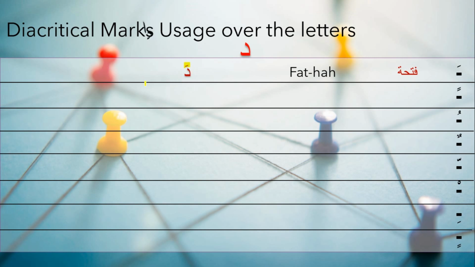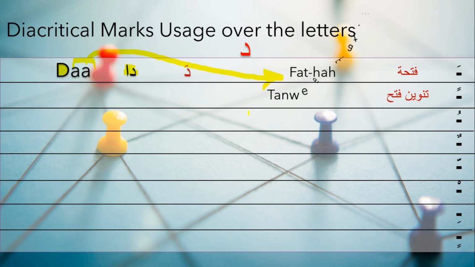So fatha, when it comes to the letter dal, it will be da. Here I write it in English as well, just to explain it more and make it easy for you to understand. So D expresses the letter dal, as we learned in the previous lecture. But what about the A coming after the letter D?